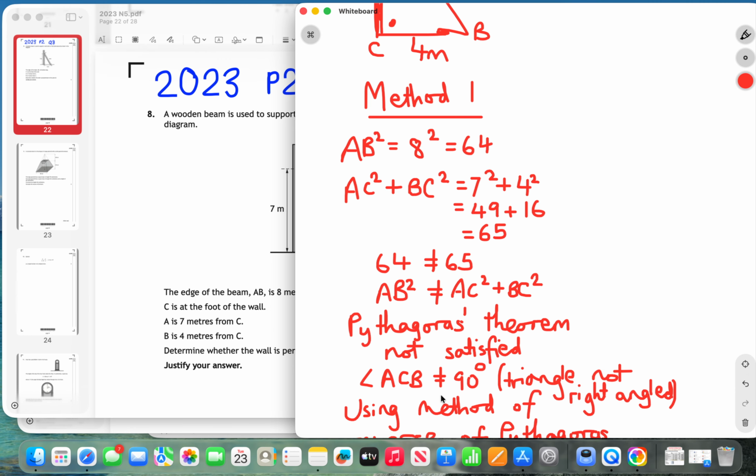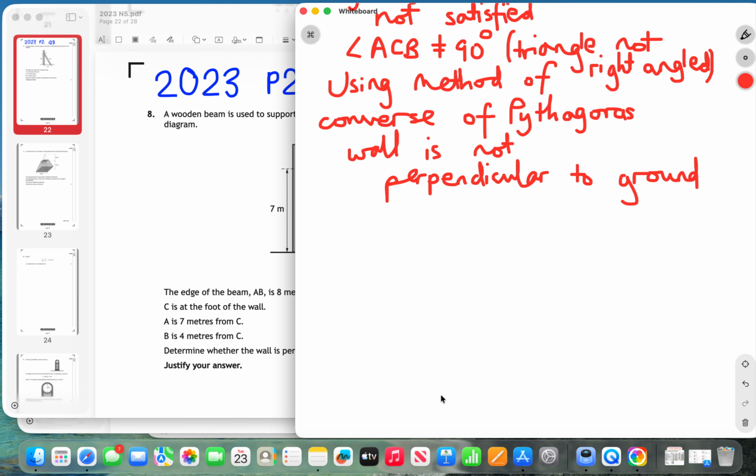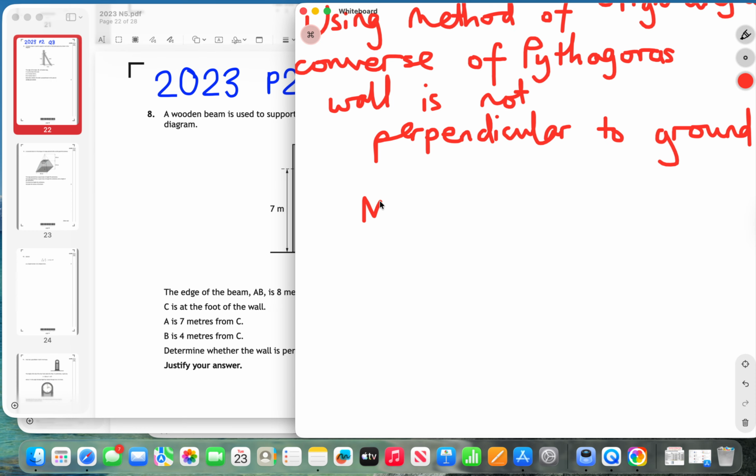The second method, which I think is more difficult, is we're going to use trigonometry.